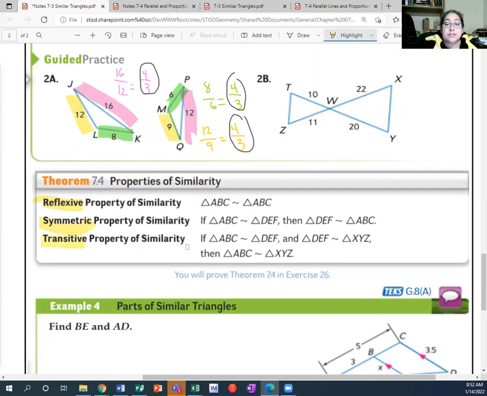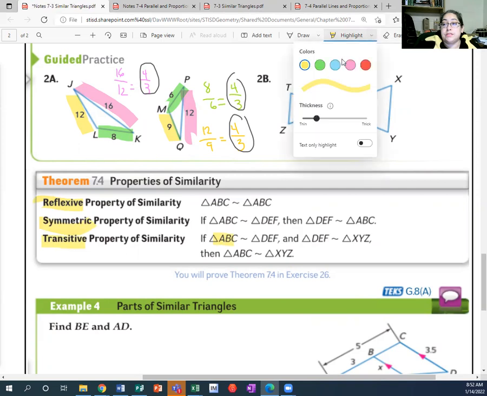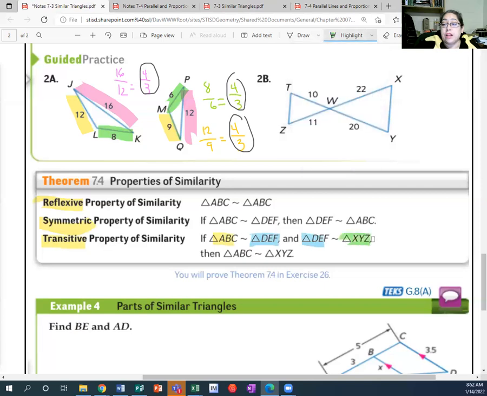And then the transitive property, which says if you've got one triangle similar to some second triangle, and that second triangle is similar to some third triangle, then the first and the third triangles are similar to each other. This should not be any huge surprise because we've handled transitive property pretty much the entire year.